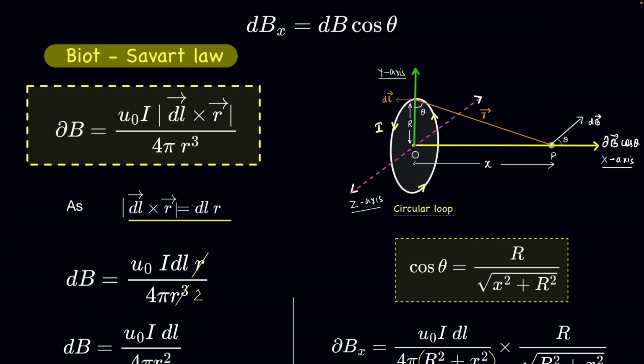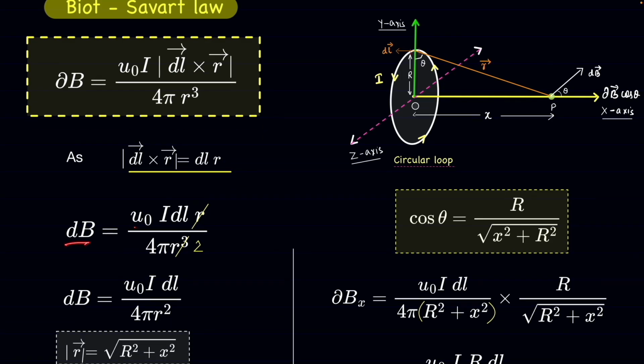Here, if we use the Biot-Savart law, dB is equal to mu naught I times the magnitude of the cross product of dl and the position vector, divided by 4 pi r cube. The magnitude of dl cross r can be written as dl r. So if we substitute this value, dB is equal to mu naught I dl r by 4 pi r cube. The r and r cube get cancelled, and we get the power as 2.